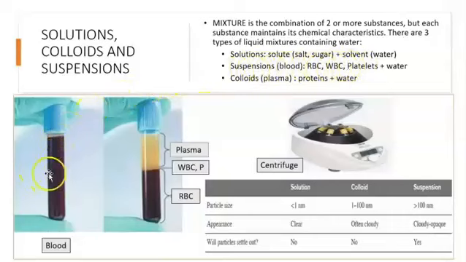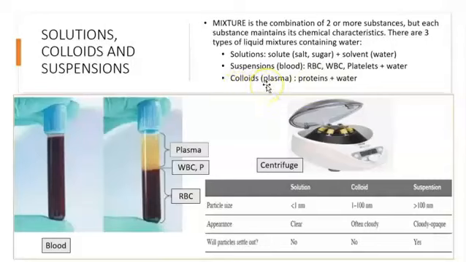When this suspension is put in a centrifuge, the centrifuge will spin and all the red blood cells will go to the bottom. Why? Because they were suspended in the water. Now, as you can see here, all the red blood cells are at the bottom. You know water is crystal clear. Then how come this is not shown as crystal clear or translucent? Because in your blood you have other substances mixed with the water, such as proteins. Even though you are spinning the blood, the proteins will not fall to the bottom like the red blood cells.